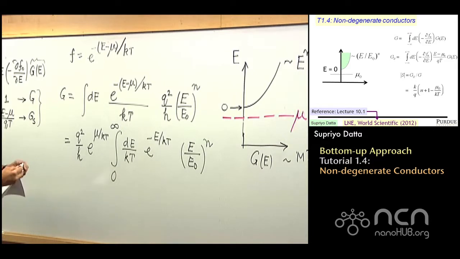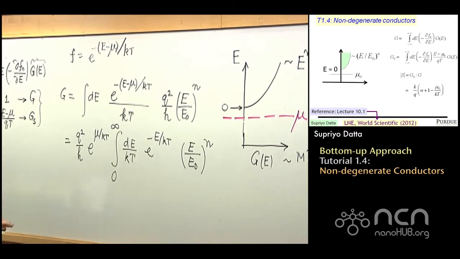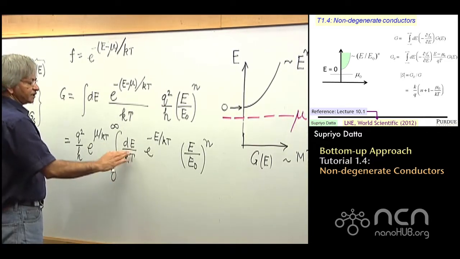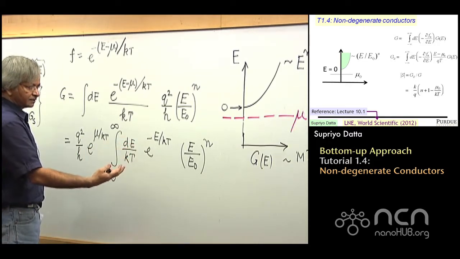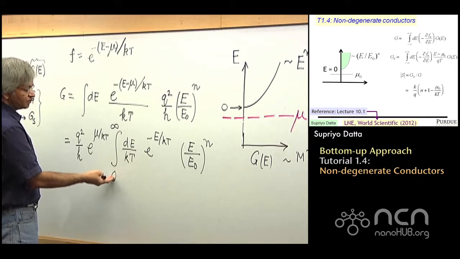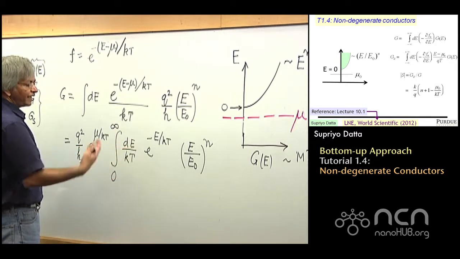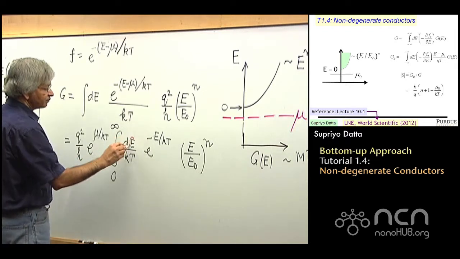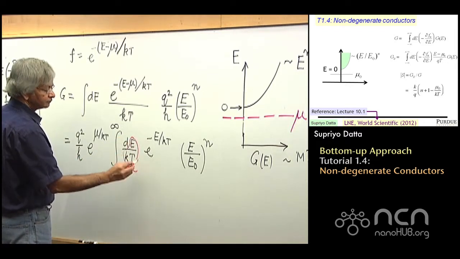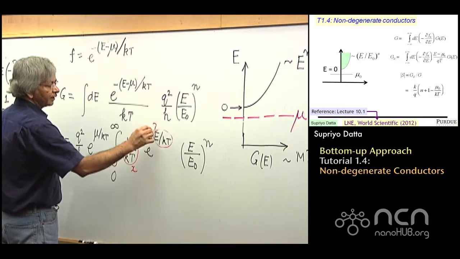Now this is where it's a little convenient to just change variables. That is, call this E over kT, give it a name, call it x. So that the integral, of course, goes from 0 to infinity for E. For x also it would go from 0 to infinity. So instead of this, let me write x. Instead of that, let me write x.